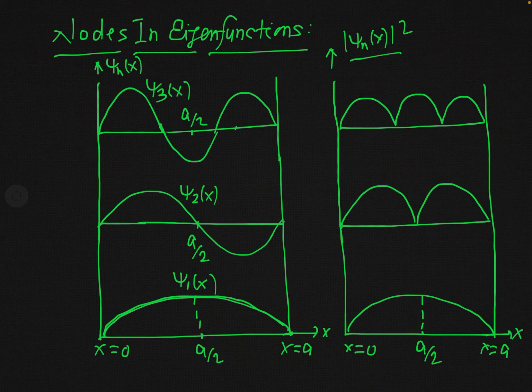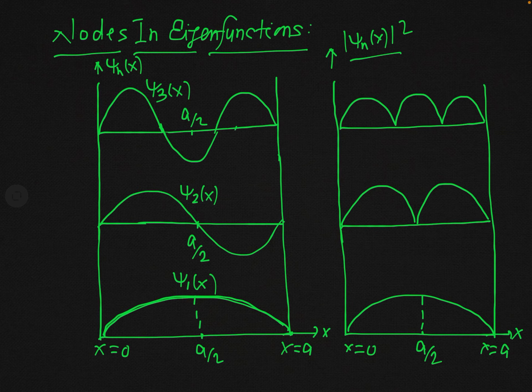This is because the potential jumps from infinite value at these points to the 0 value, and this is the reason that the curves are discontinuous at x equal to 0 and x equal to a. You can also see that the energy increases in proportion to n square as we go to the excited state.